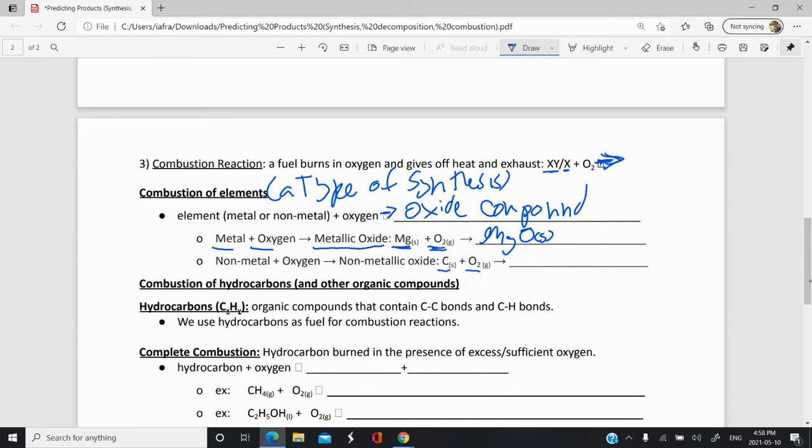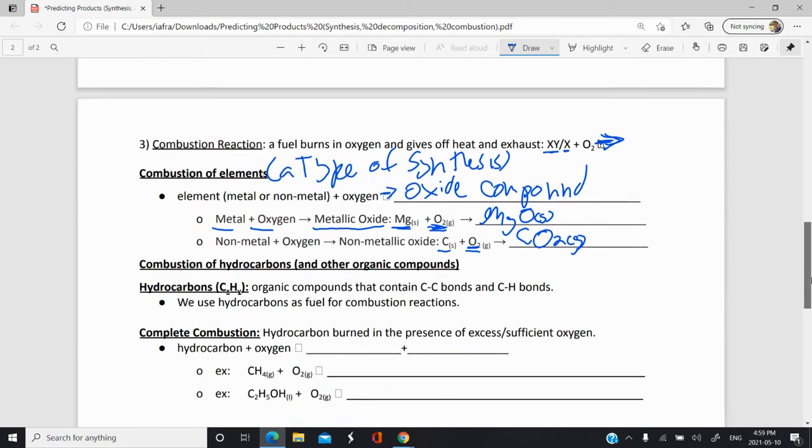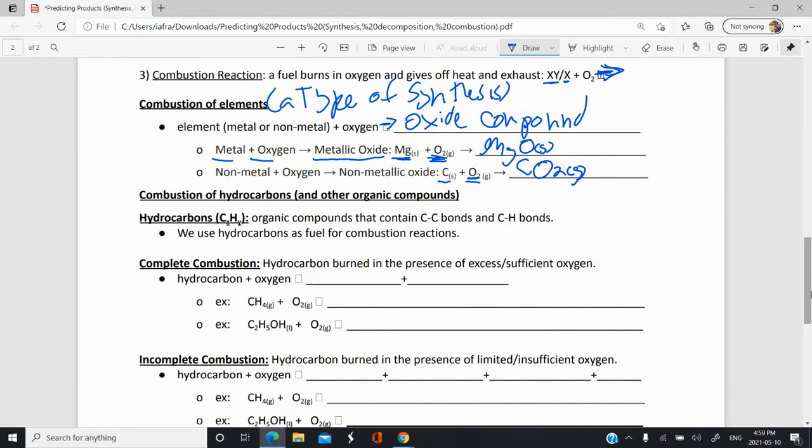So we have carbon and oxygen gives us, for example, CO2 gas. And again, these are the same as we saw above for synthesis, but they're specifically combustion of elements because we're reacting with O2 there. You might see that as well for iron, for example, reacting. Let's take a look at iron reacting with oxygen to get an iron oxide, which I mentioned before was like rust.